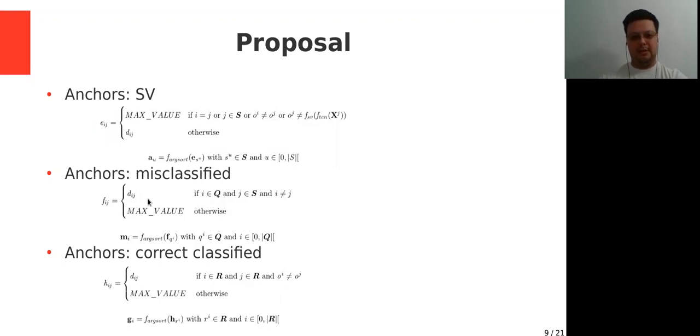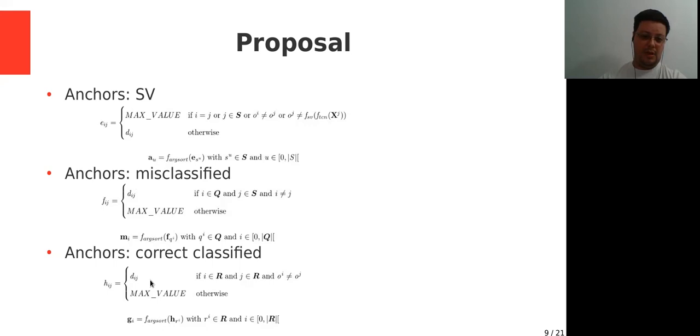In the second part of our loss function, we have the misclassified instances: the indexes to all the anchors that are closest, by this argsort function, to our misclassified instance. So we have all the pointers to the anchors from the misclassified instances.